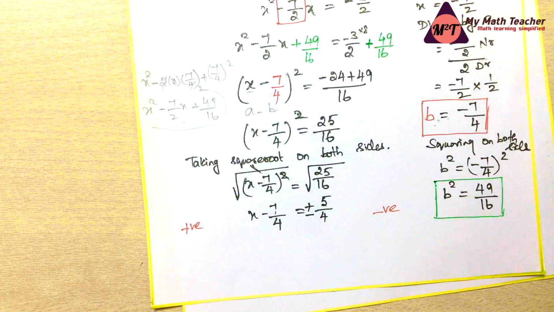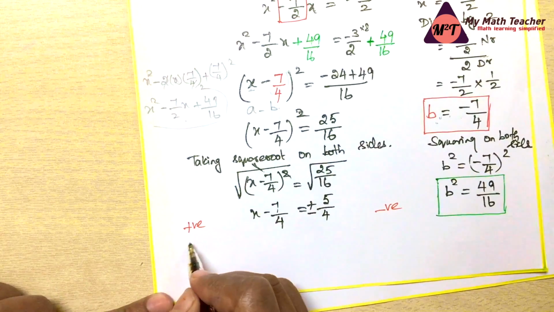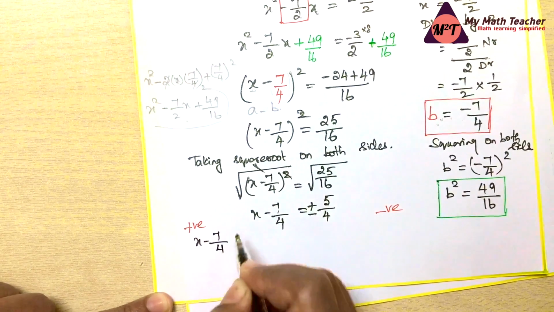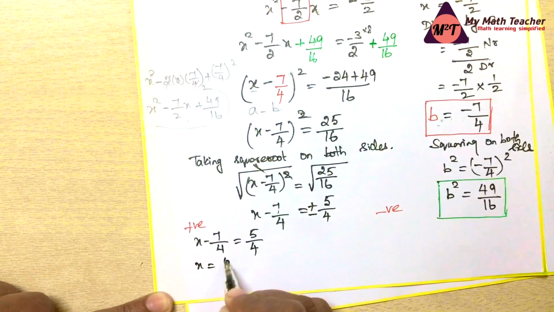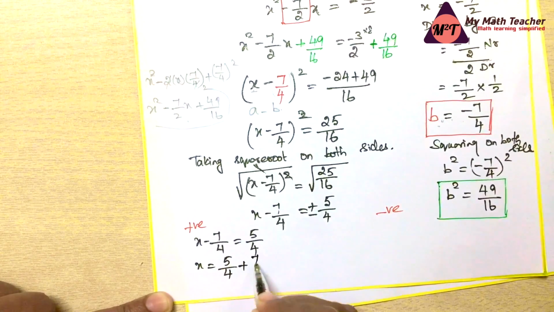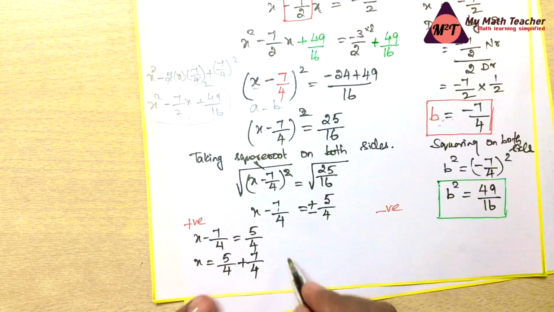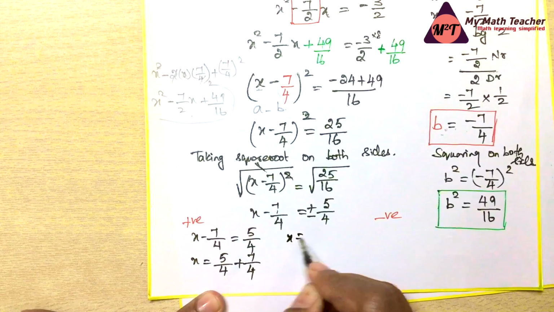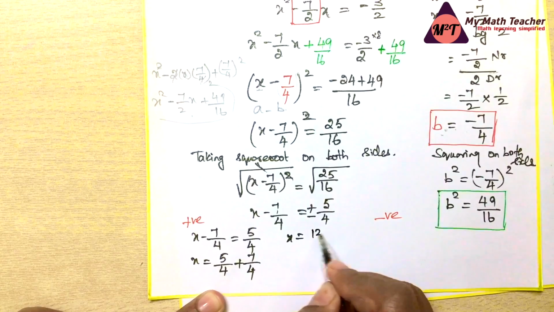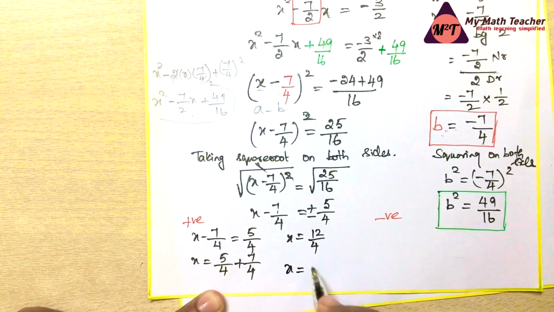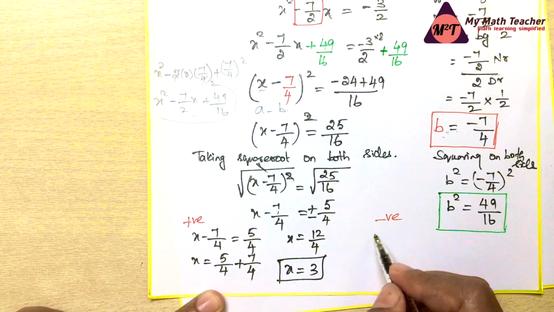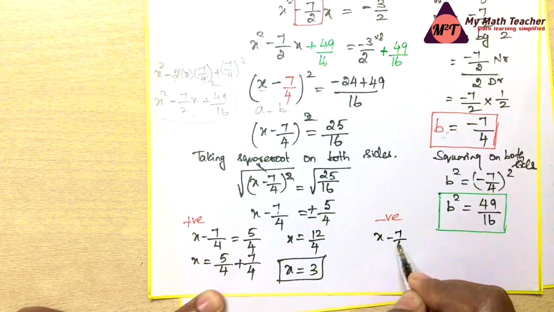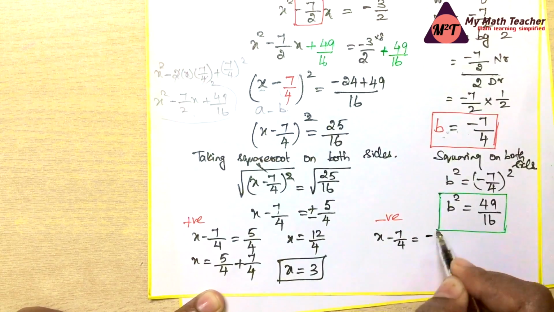So here finally write x minus 7 by 4 is equal to positive 5 by 4. x is equal to 5 by 4 plus 7 by 4. Now x is equal to 12 by 4. x value is 3. The same way we have to find the negative. x minus 7 by 4 is equal to negative 5 by 4.